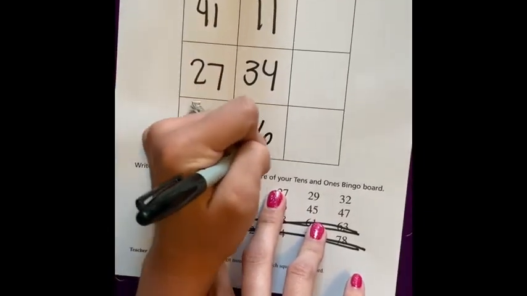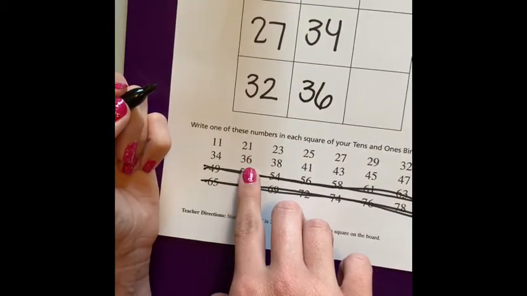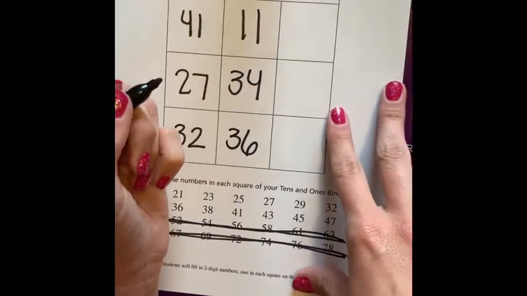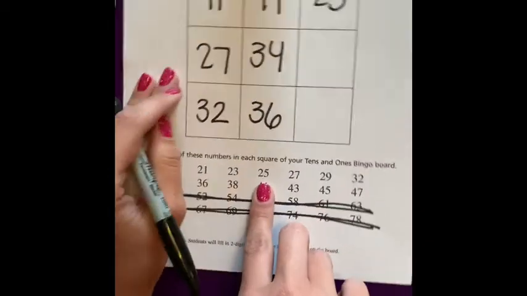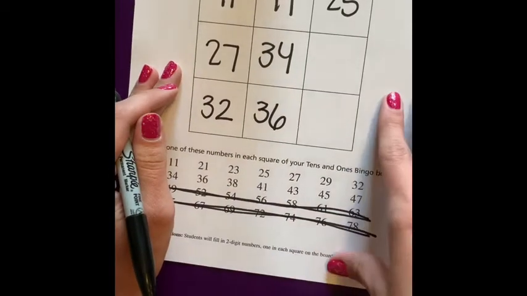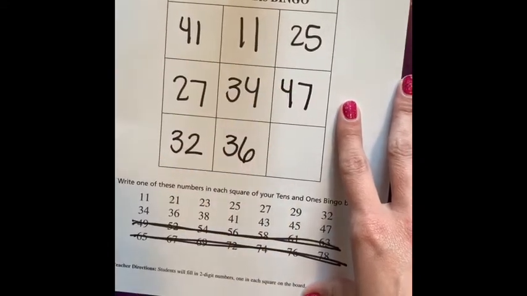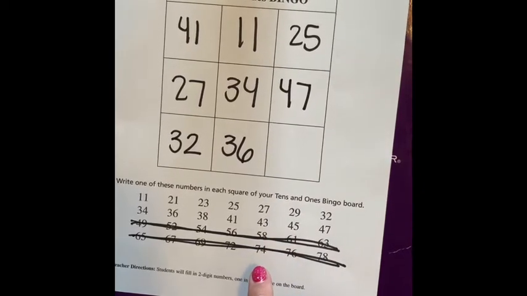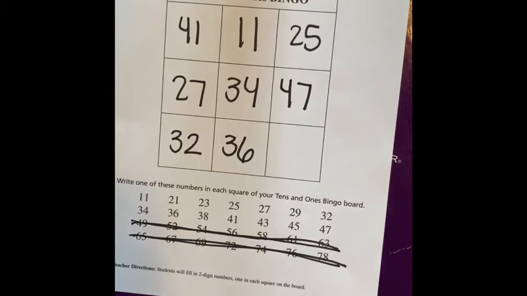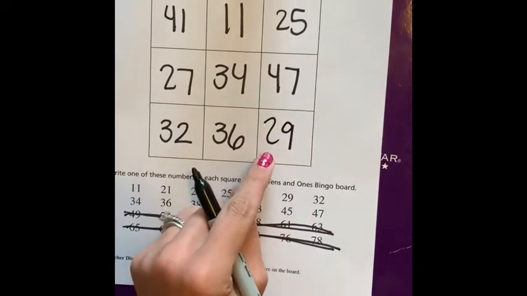All right, 36. What number is this? 36. All right, 25. Make sure you only write each number one time. 25. All right, 47. What number is that? 47. And we need one more. Which one haven't I used? All right, this one. What number is that? 29.